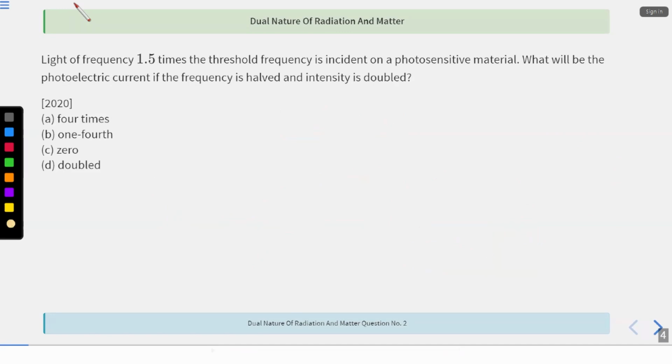Light of frequency 1.5 times the threshold frequency is incident on a photosensitive material. What will be the photoelectric current if the frequency is halved and the intensity is doubled? Okay, so this is a different question than the before one. So what they are telling is, for a photoelectric emission, there's a photoelectric emission.